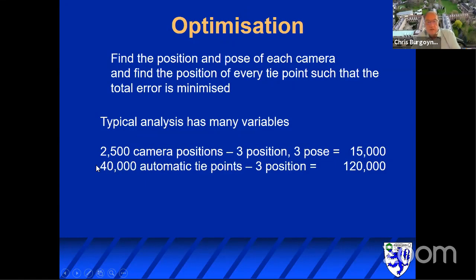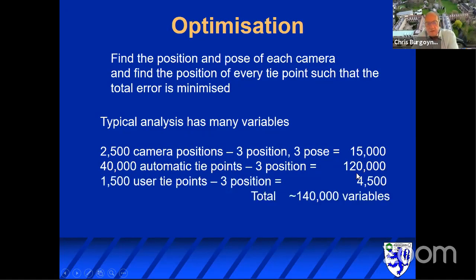And if the system finds 40,000 automatic tie points, and very often it finds many more, then each one of those has got 3 position variables, east, north, and up. So there are 120,000 there. And with my tie points added, a typical analysis will be trying to vary 140,000 different variables to get the best fit to the position.